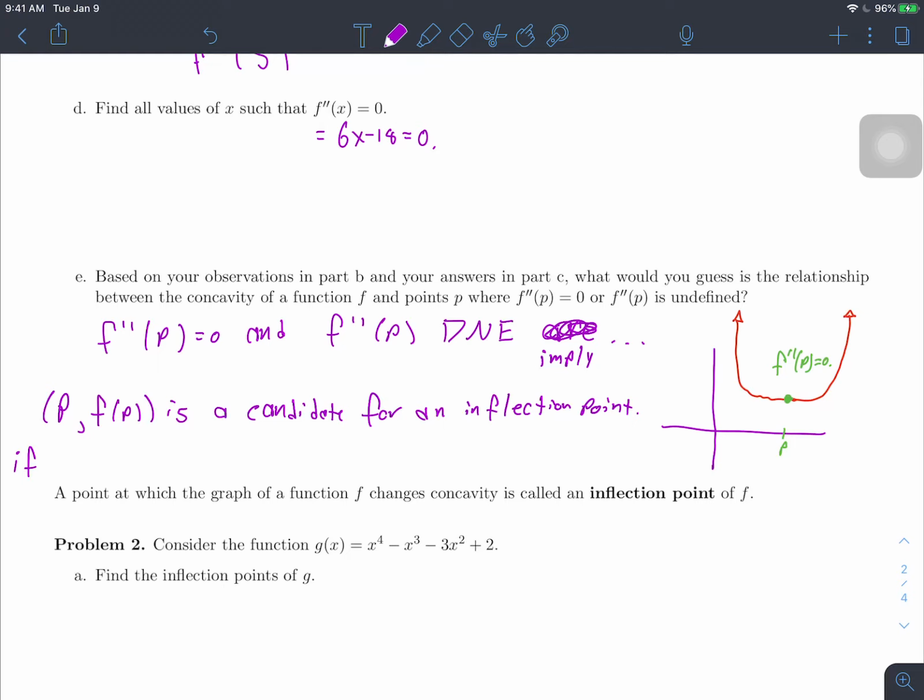If the concavity changes sign at P comma f of P, then we've got it. It is an inflection point.